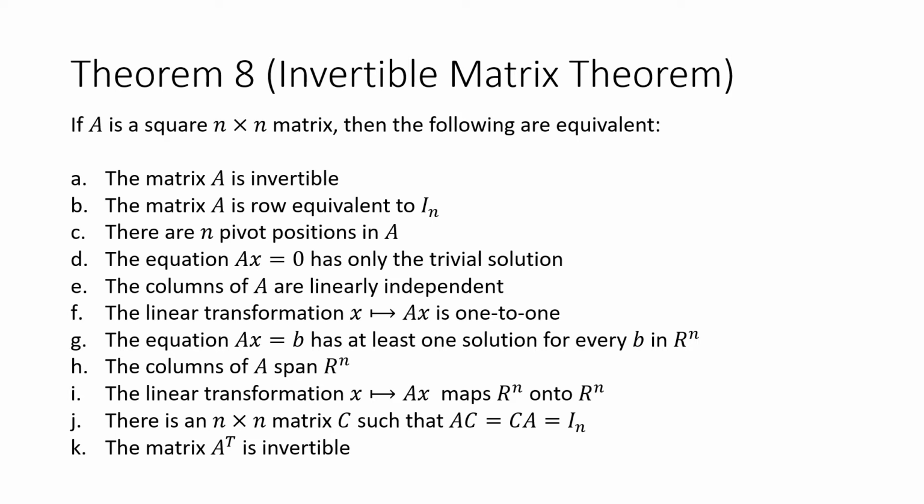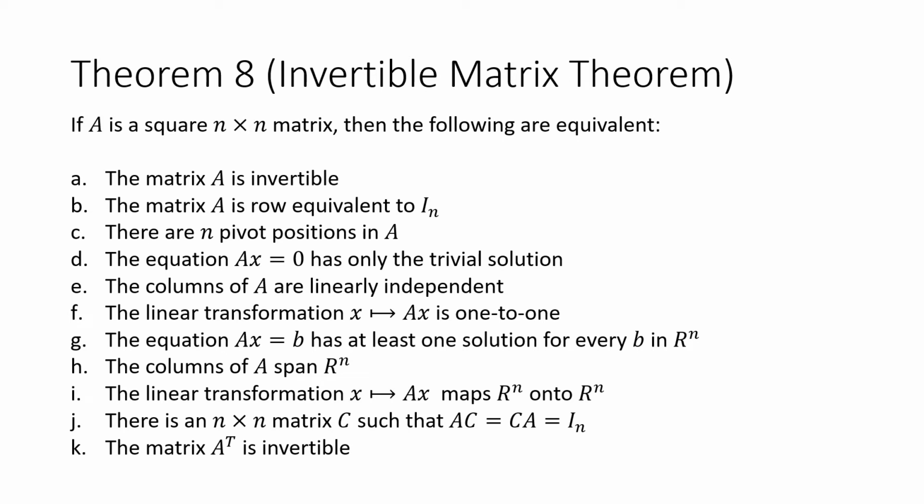Again, we saw the idea of one-to-one, and we saw the idea of the linear transformation. If this linear transformation is one-to-one, where you take a vector and it turns into A times that vector, and remember one-to-one means that if you start with two different vectors, you end with two different vectors, then all the other conditions hold.